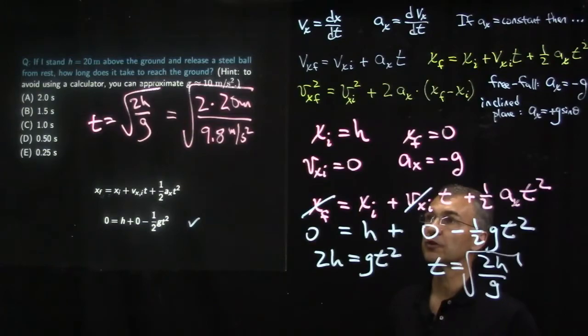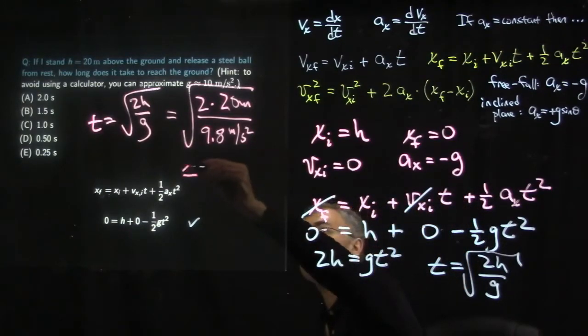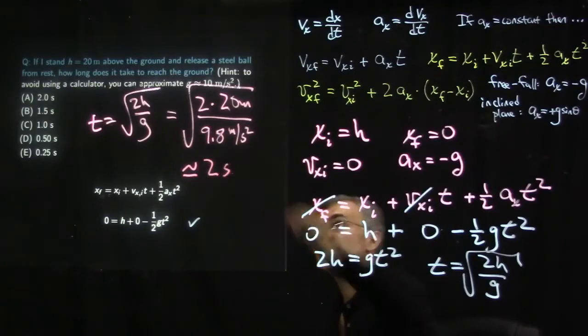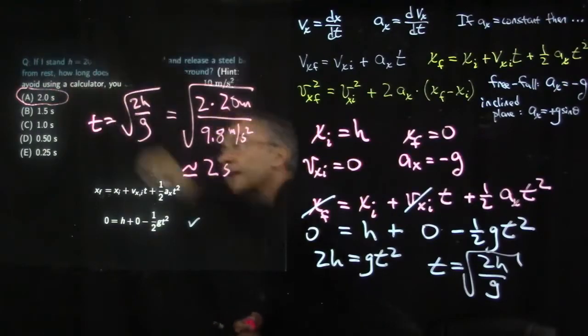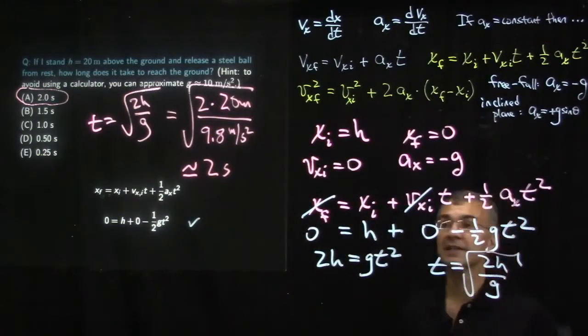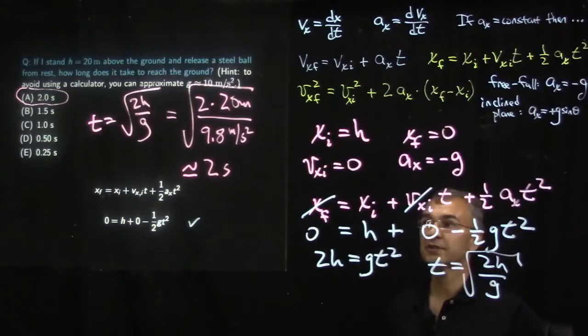Square root of 4 is 2. So that's 2 seconds. So this is approximately 2 seconds. So I like answer A, that it is approximately 2 seconds. Okay, you could do it more carefully by using 9.8 instead of 10. If you use 9.8, you'll get a number just slightly bigger than 2 seconds. Maybe you'll get like 2.01 seconds.